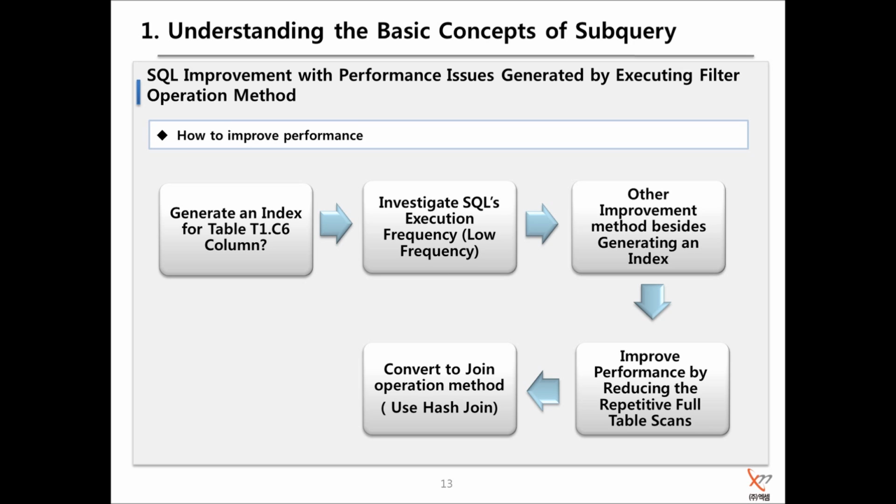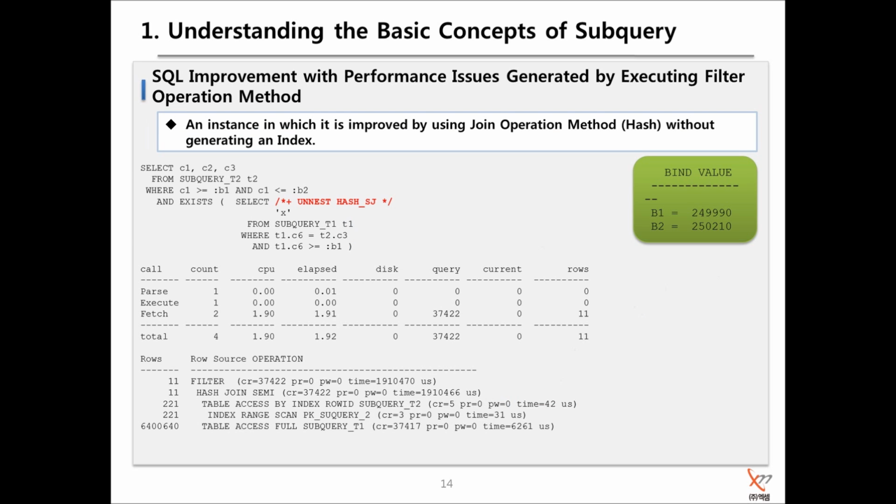The most important thing in improving the test SQL's performance is to reduce the number of full table scans. We should change the subquery to execute with join operation method and induce a hash join semi-execution. The hint UNNEST HASH_SJ was granted, and the subquery's execution plan was changed from filter operation method to join operation method, and executed with hash join semi.